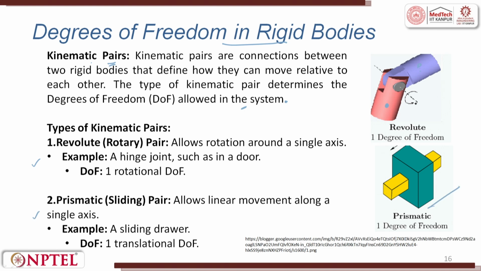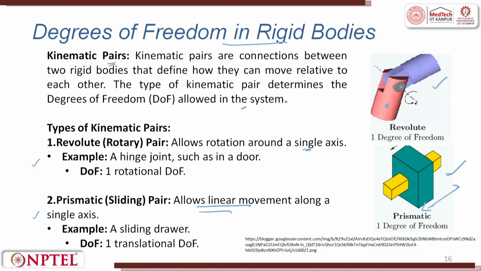Prismatic is along this axis we move, it is 1 degree of freedom. Here it is rotation, 1 degree of freedom. You can choose either a rotational or revolute pair, or a prismatic pair. A prismatic pair allows only linear movement along one axis, whereas a rotational pair allows rotation around a single axis.